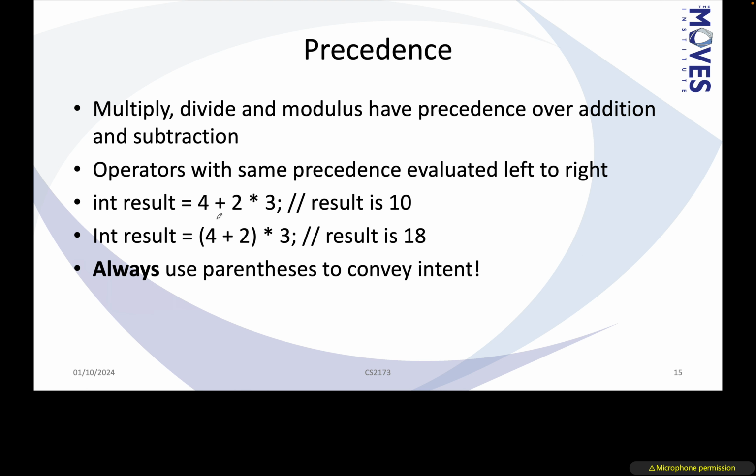On the internet, you've probably seen an expression like this put up there, asking what the result is, and people who don't deal with precedence get it wrong. The result is 10. Why? Because multiplication has more precedence, so first you do this, and then you do the other. If I wanted the addition first, I put parentheses.